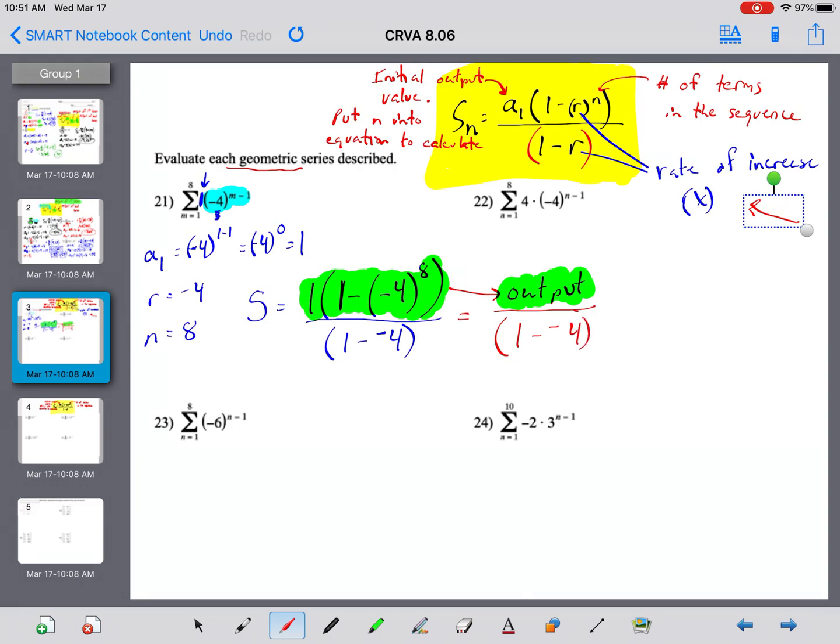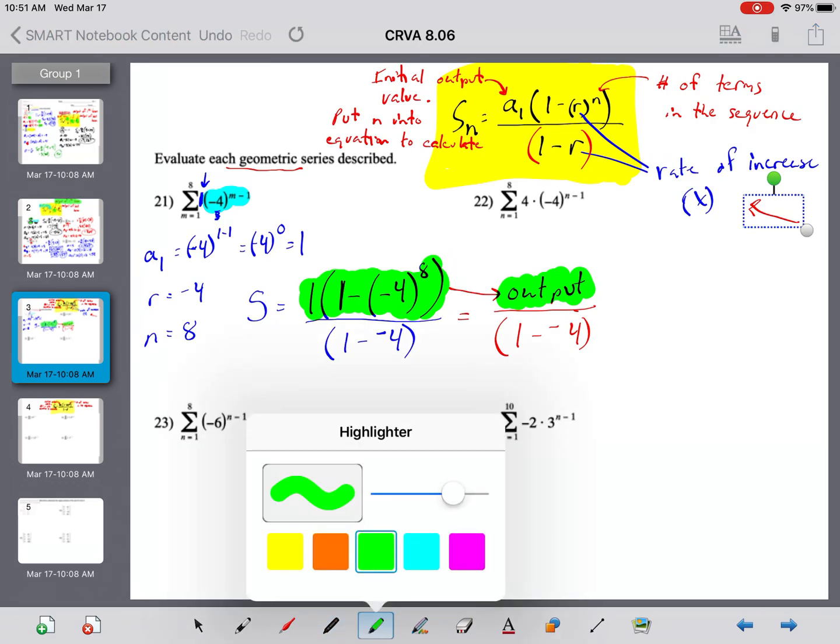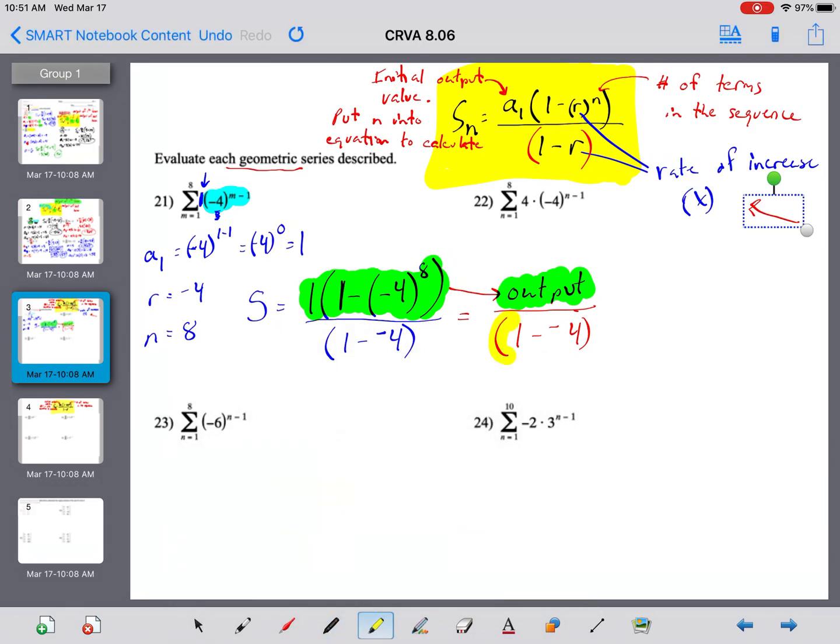That's just 5. So you can take your output divided by 5. But if you're going to divide by more than just one term, you need to have that in parentheses. And also, these parentheses right here are super important. And it's important that you put the power, in this case of 8, in between the two right parentheses.